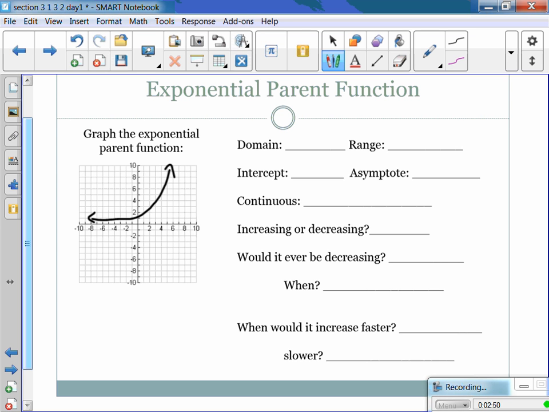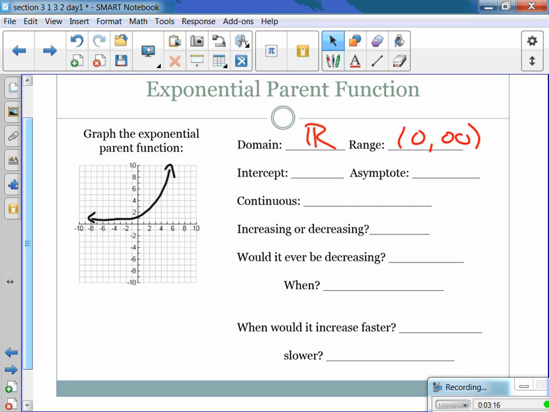What is its domain? Negative infinity to positive infinity, all real numbers. Its range? Including or not including 0? From 0 to infinity is the range.